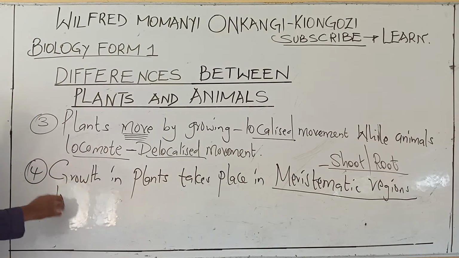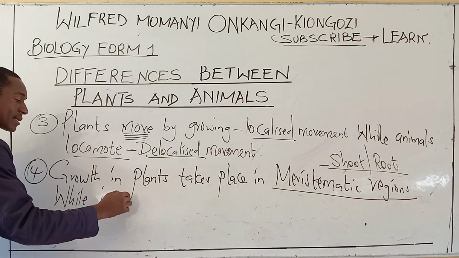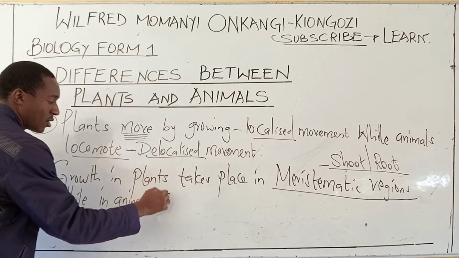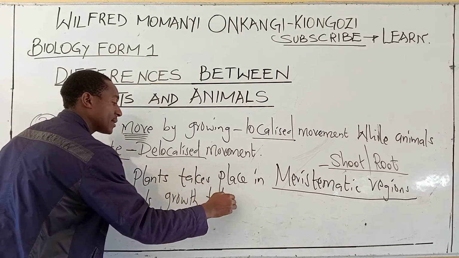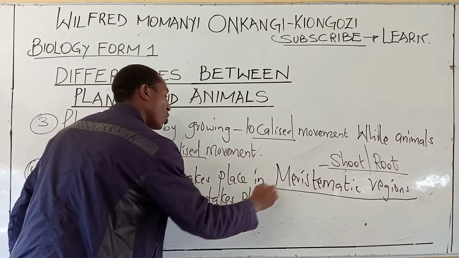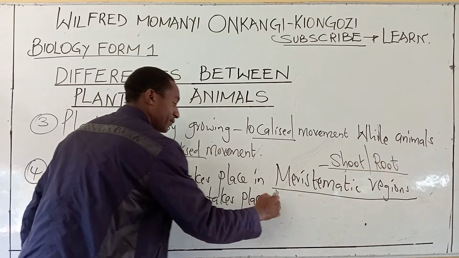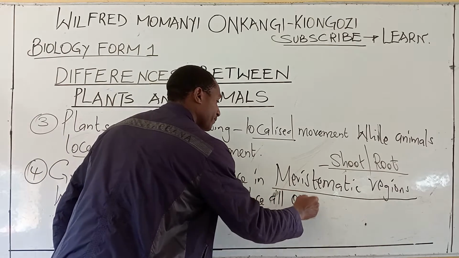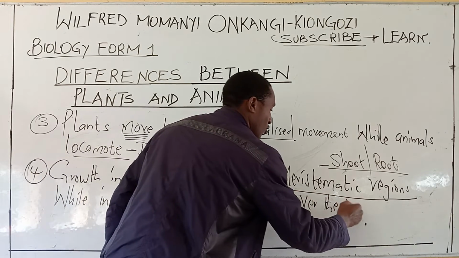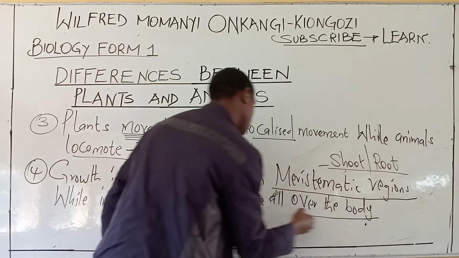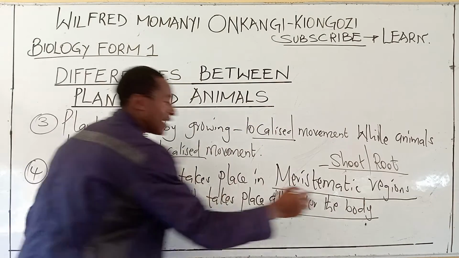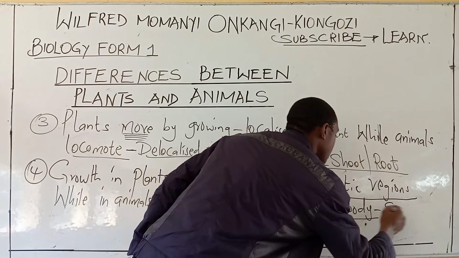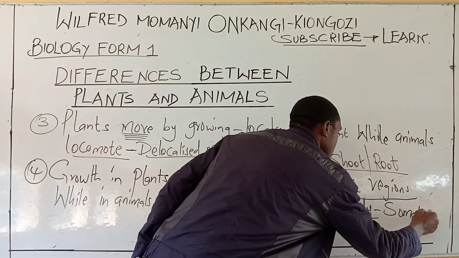While in animals, growth takes place all over the body. In other words, all the somatic cells, all the cells of the body, this one we will call in Form 3, somatic cells.